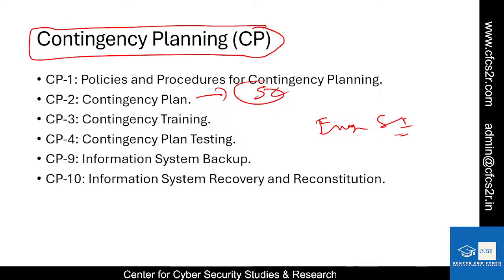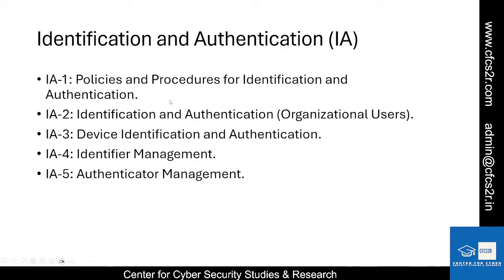So there are certain controls related to contingency planning: the plans, the testing plan, and system backup, which we have already discussed. Then we have identification and authentication.